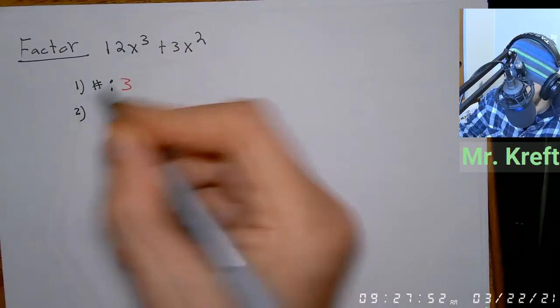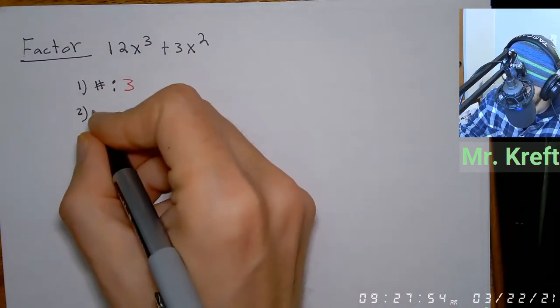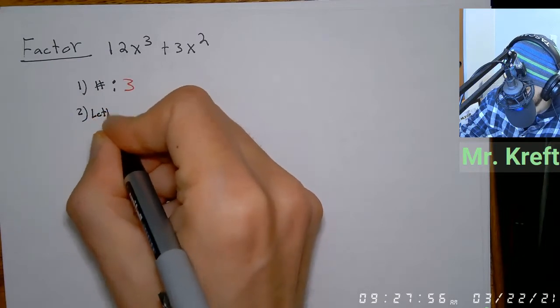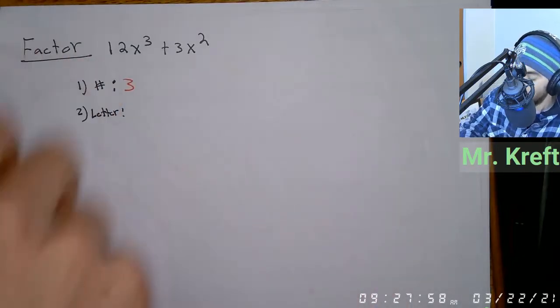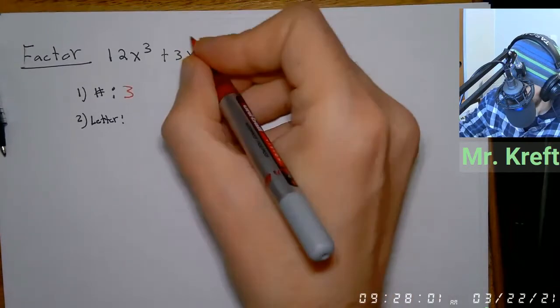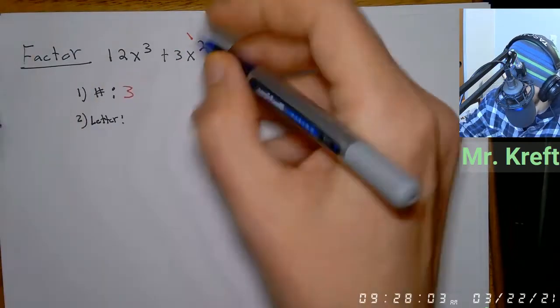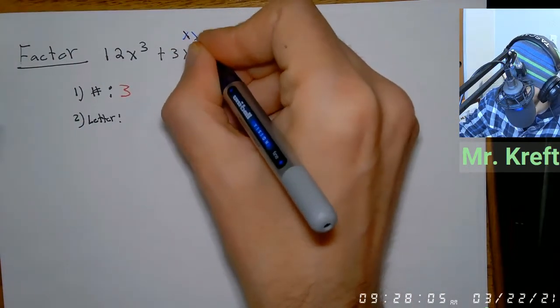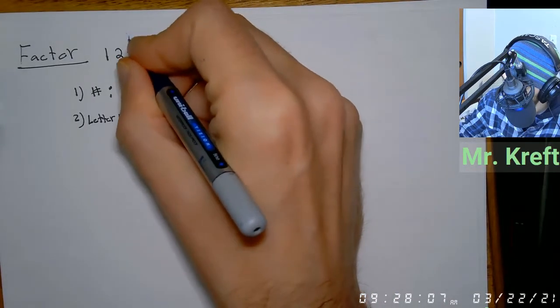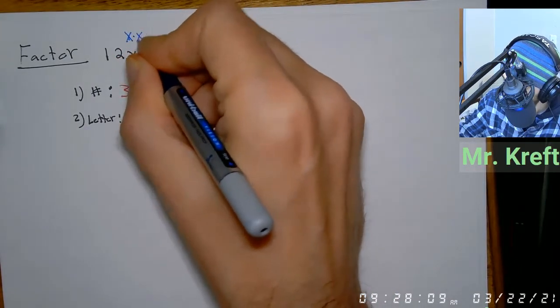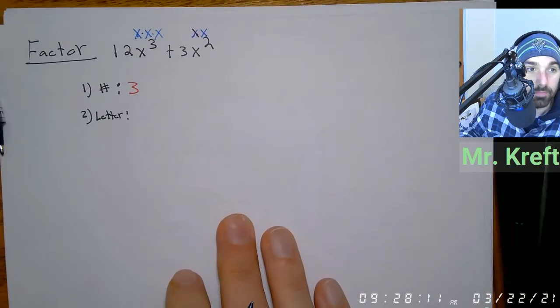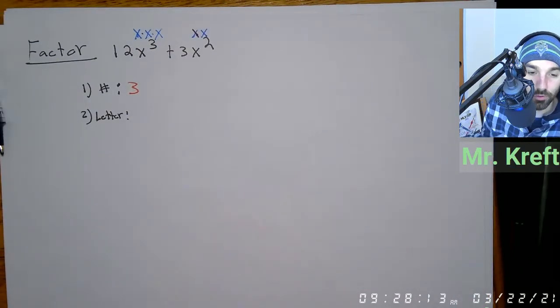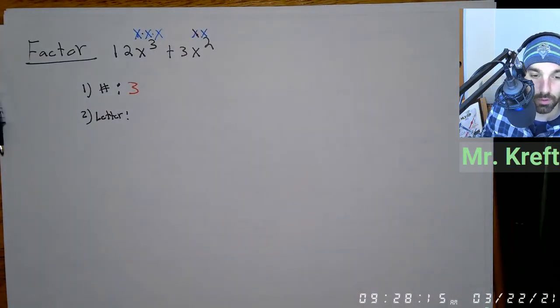Then I'm going to look at my biggest letter. This one has 2 x's, and this one has 3 x's. So what's the most amount of x's we can take from both of those?